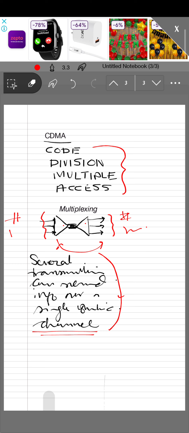They are using a single channel to get the information from all the transmitters, transmitting it, receiving it, and then decoding it for the receivers. This is also one of the ways by which efficient transmission takes place.